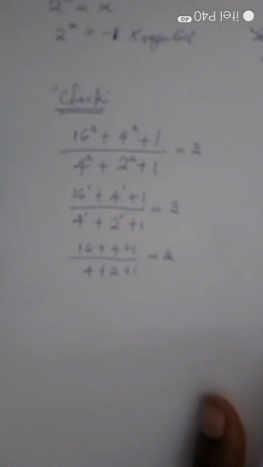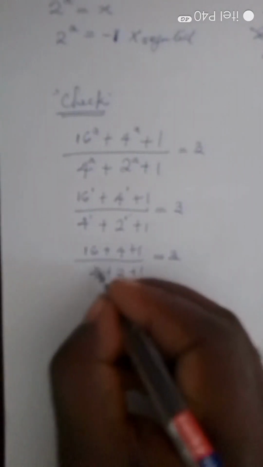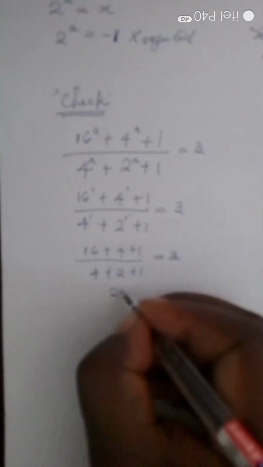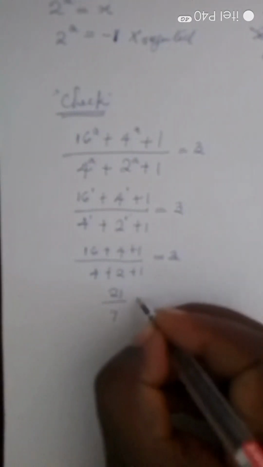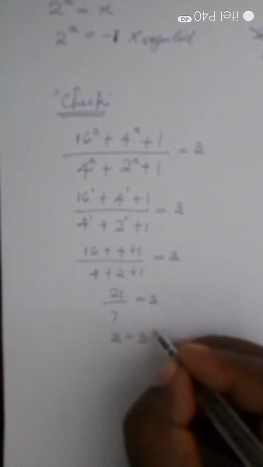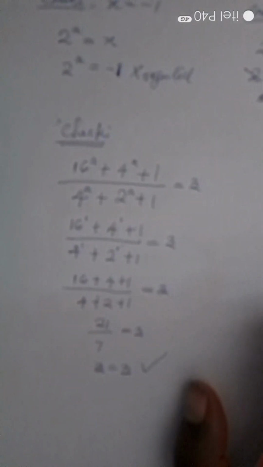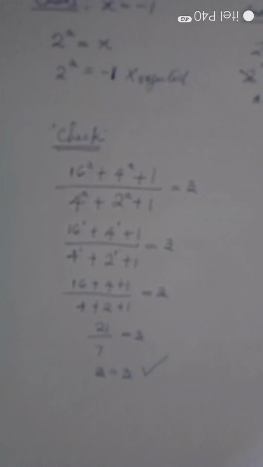So let's see if this is 21 all over 7 equal to 3. That means 3 equals 3. So this is correct. Therefore, we can conclude that a equals 1 is the actual value for this rational exponential equation.